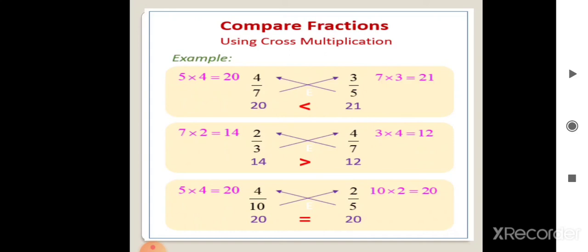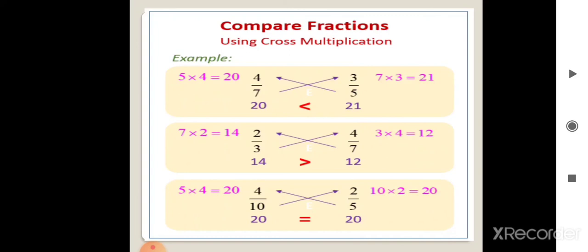Here, the cross multiplication. When the fractions are different in the numerators and the denominators, we make cross multiplications. Here, 3 times 7 equals 21, and 4 times 5 equals 20. So 21 is greater than 20. The second one is 2 over 3 and 4 over 7.